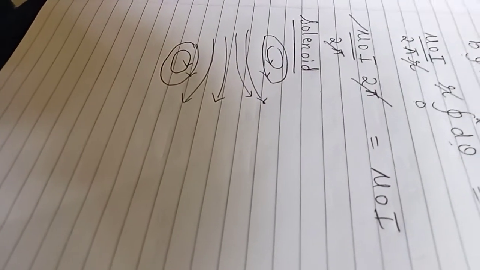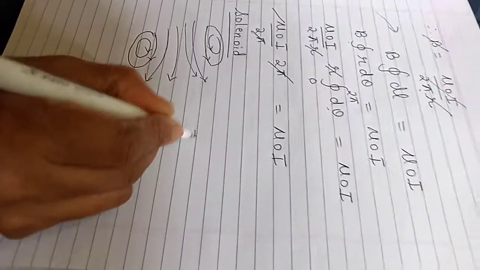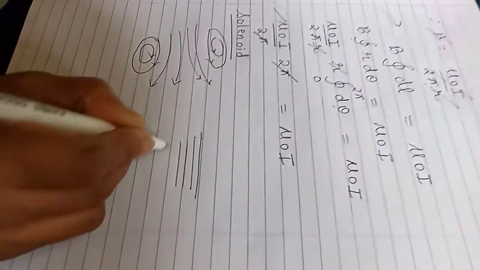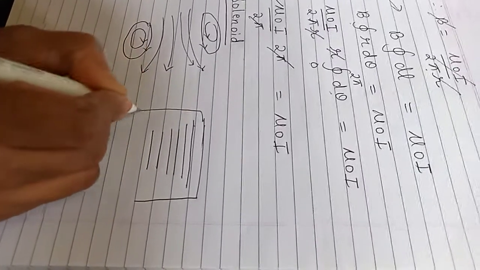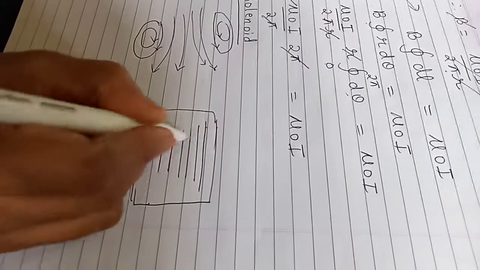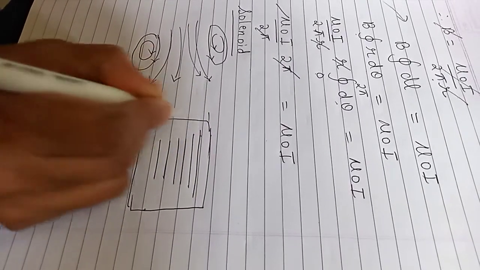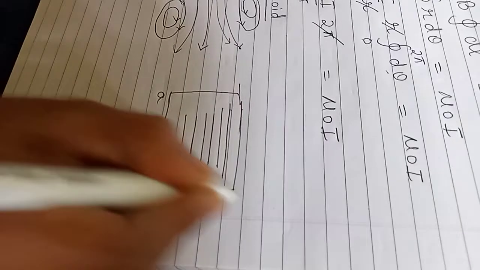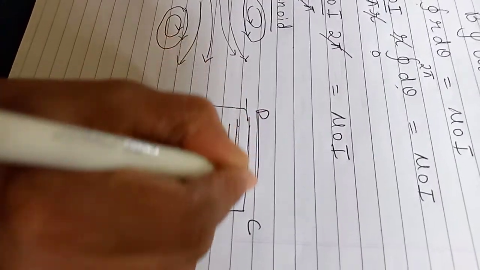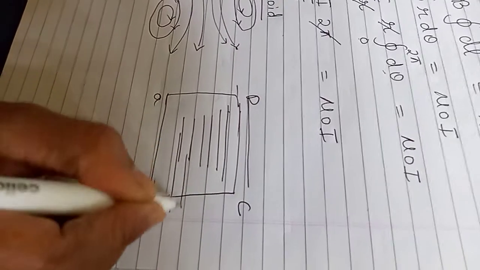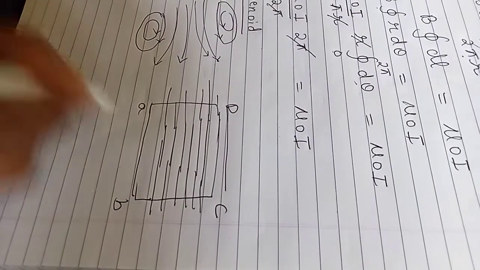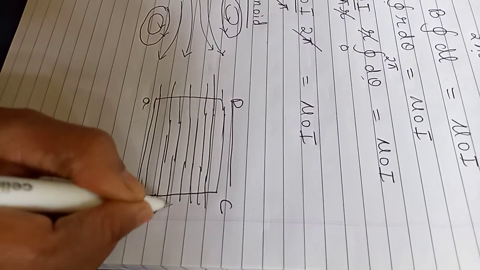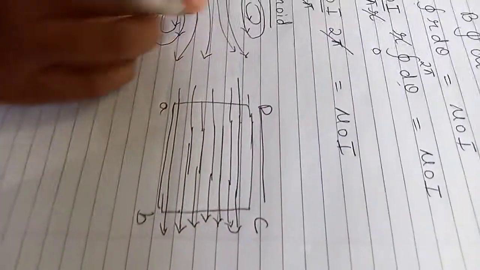A coil of wire of a large number of turns wrapped in the shape of a cylinder. Now let us show this in the form of a magnetic field. Look, we will write it as A, B, C, D, and these are the lines. These are the direct lines, the magnetic lines of force which are inside the solenoid.